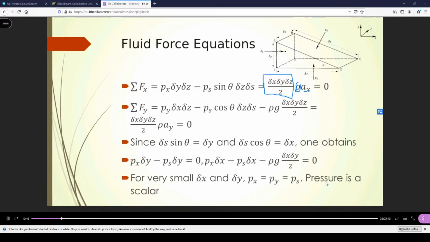Delta x, delta y, delta z divided by 2 is the volume of the tiny region under our consideration. And of course, this is not moving, and therefore acceleration is 0, and therefore this force equals this force.